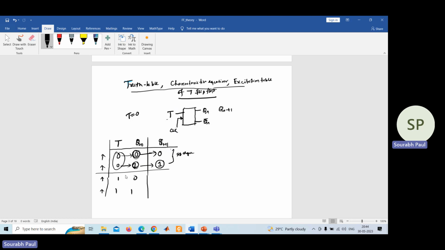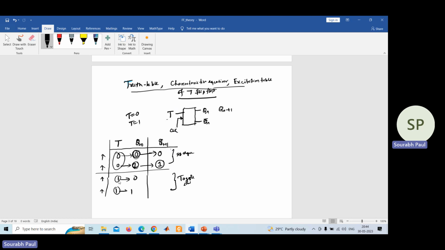Now come to the next case, when t equal to 1. So you see here t equal to 1, in this case also t equal to 1. And in t equal to 1, this particular thing is known as toggle state. What is toggle state?